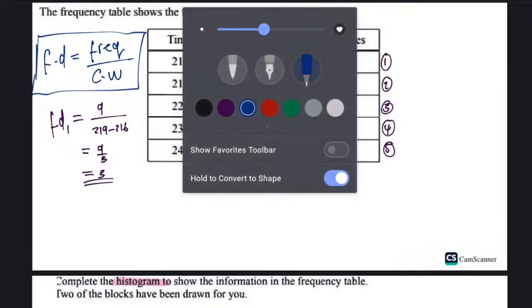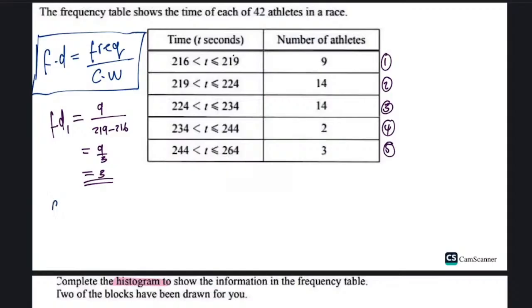Then we get the second frequency density. What's the frequency? 14 divided by the class width. We say the bigger one minus the smaller one. So it's going to be 14 divided by 224 minus 219.